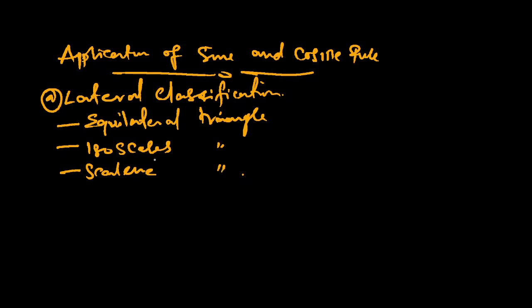These are three triangles that we have if we are classifying by lateral. Now, what does equilateral triangle mean? Equilateral triangle means a triangle that all its sides are equal, including its angles. That is, the three angles are equal to each other. Likewise, the three sides are also equal to each other.